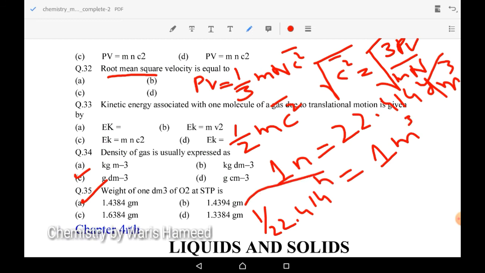You can find the number of moles from this, and then use the formula given mass over molar mass. You can find the weight of that gas, or you can multiply these moles with the molar mass of the gas. Then you will have the correct answer for such types of questions.